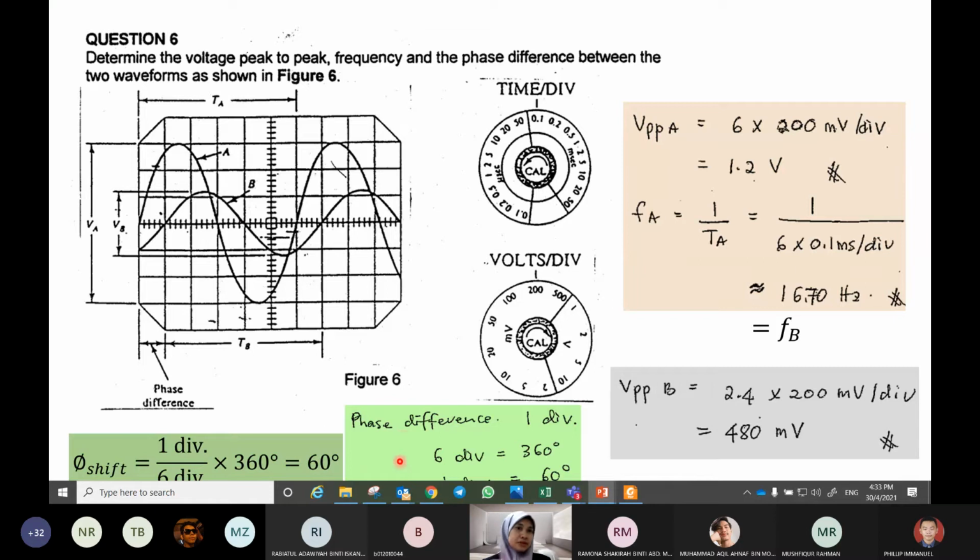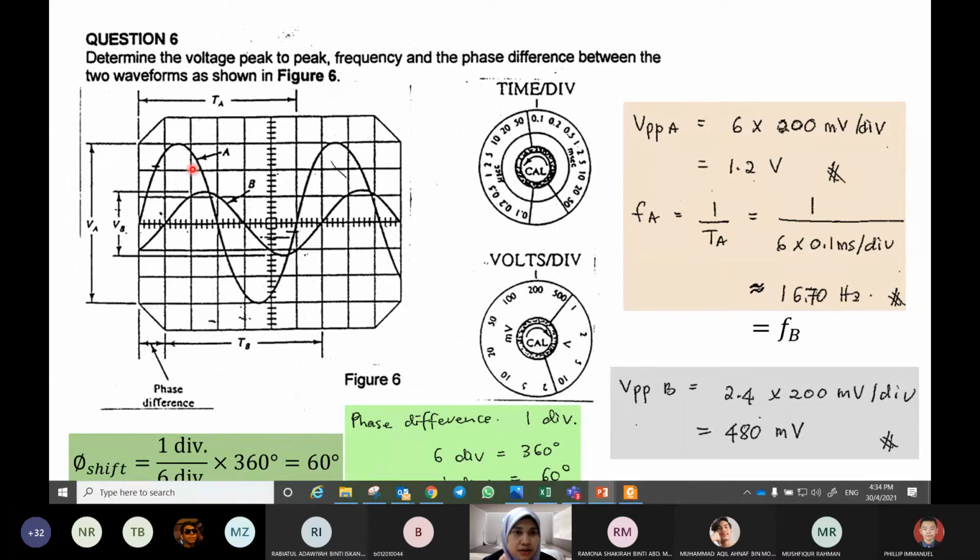And then how about the phase difference? How to calculate the phase difference? Count how many divisions between A and B. So only one division, so 1 over the total number of divisions on the horizontal axis for one cycle, which is 6 divisions, multiply with 360, we get 60 degrees.